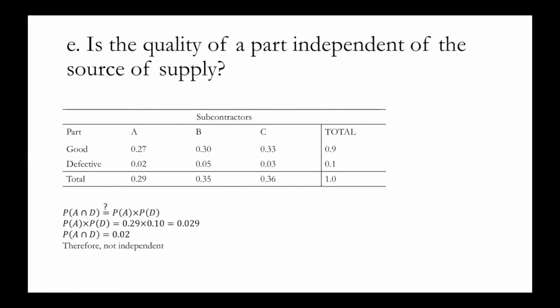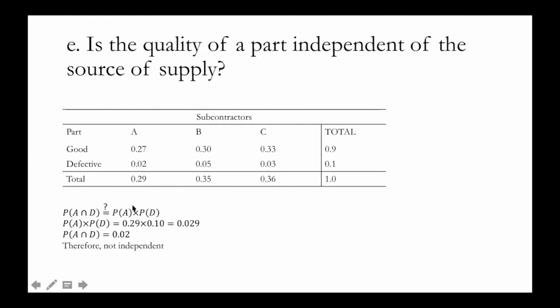check this initial condition: if the intersection of the two events is equal to the multiplication of the two events. So if the two events are independent, then the probability of A times the probability of D should equal the intersection of these two events.